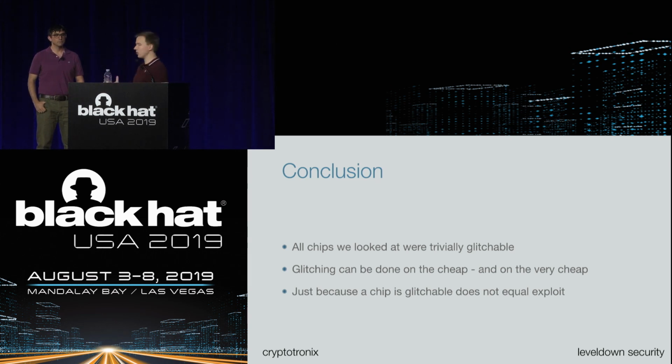But also, just because a chip is glitchable does not equal an exploit. You still need to be able to get your glitch stable enough. It just means that there's a high risk of somebody being able to get a stable glitch, and that you should really have a deep look at your design and see what your protection strategies are for that chip.